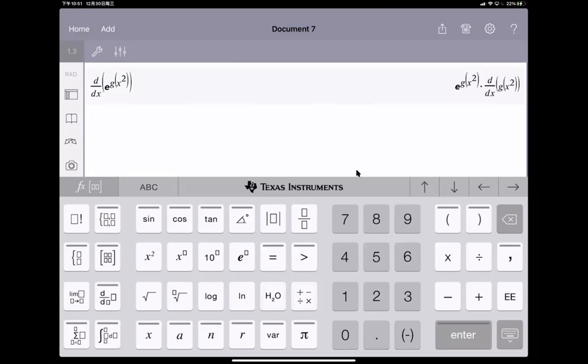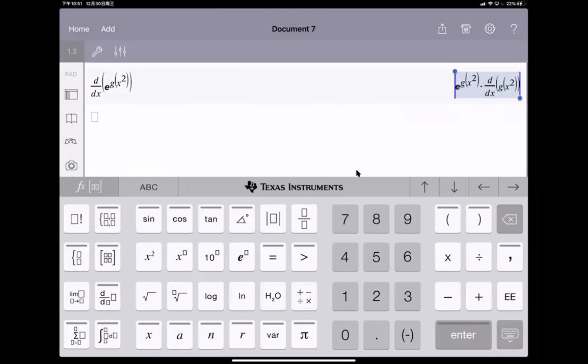From your CAS calculator output, you should realize, okay, e to the power of gx is already there, fixed. You can't do anything extra on this expression. But this expression can be further evaluated, because if you treat this one as, say, u, this is your u equals x squared.